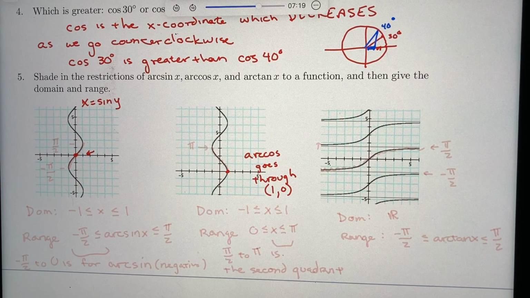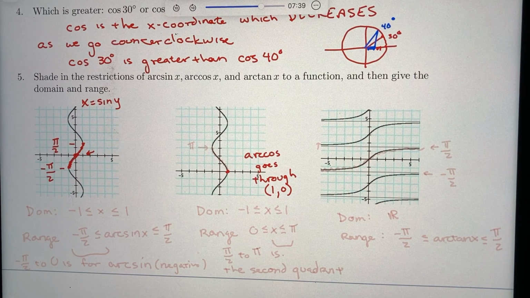Okay, now, if you look at this, it fails the vertical line test. We restrict arc sine to go from just this one chunk. This height is pi over 2, 1.5-ish, and this height is negative pi over 2.